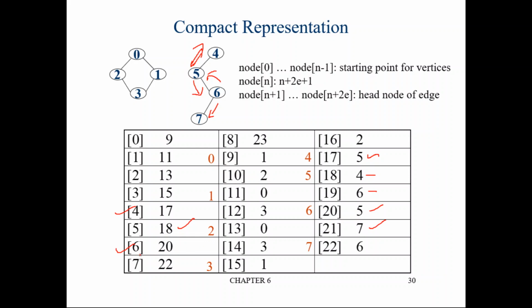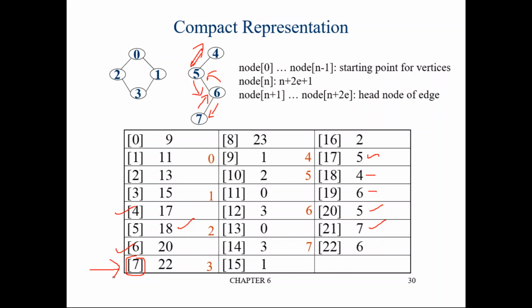So the edge detail of vertex 7 will be available in which location? 27. Okay, sorry, 22, right? And vertex 7 contains how many edges? Only one edge, that is to 6. So that will be kept here. This last vertex contains how many edges?